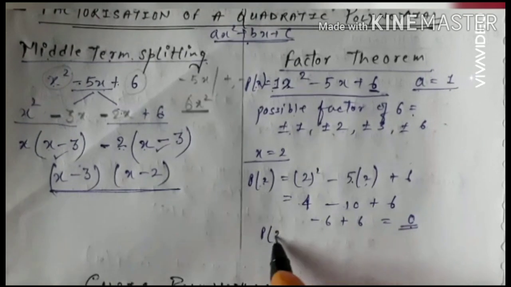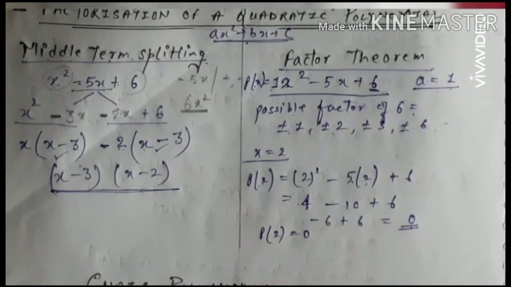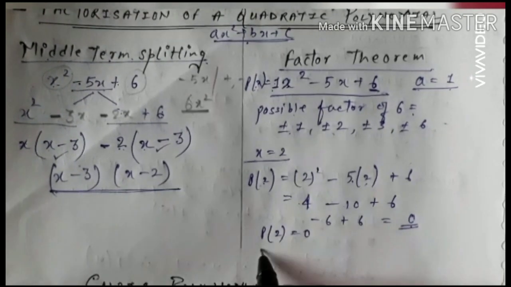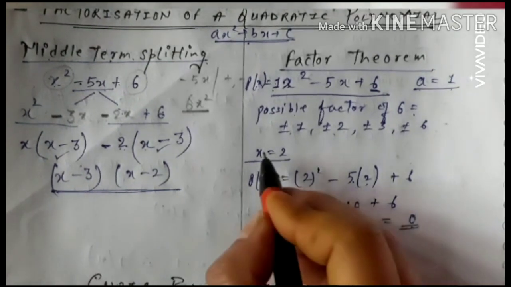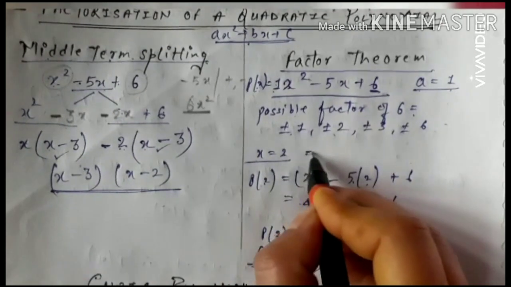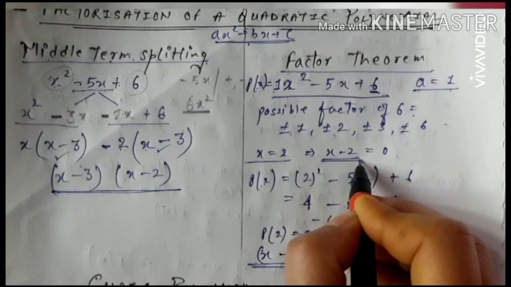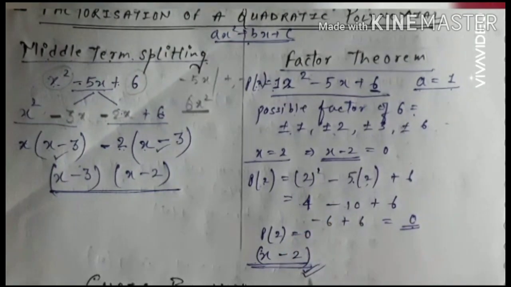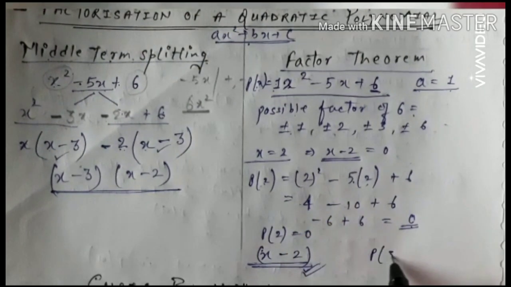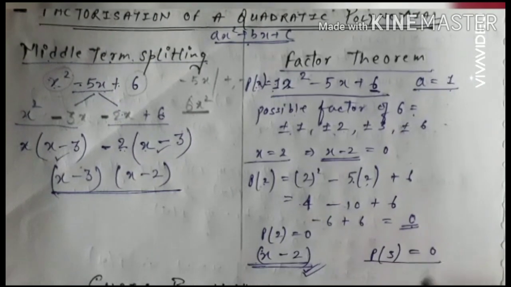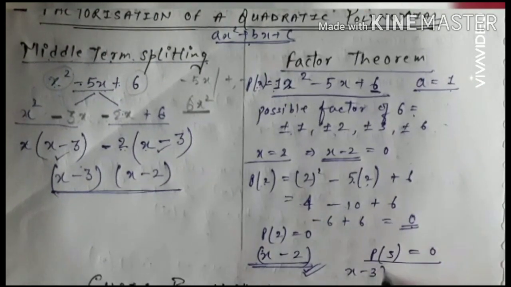That means if p(2) equal to 0, then x minus 2 is a factor. Your x equal to 2, so it will be x minus 2 equal to 0. That means the first factor you have got is x minus 2. Similarly when you put p(3) you will get 0, so another factor will be x minus 3.